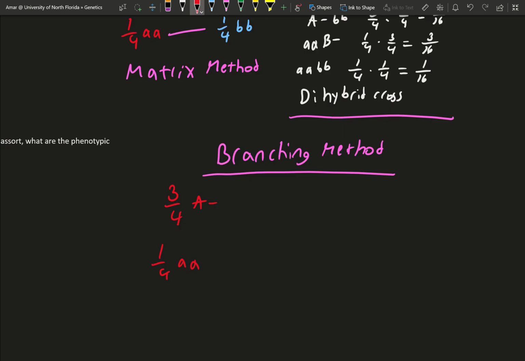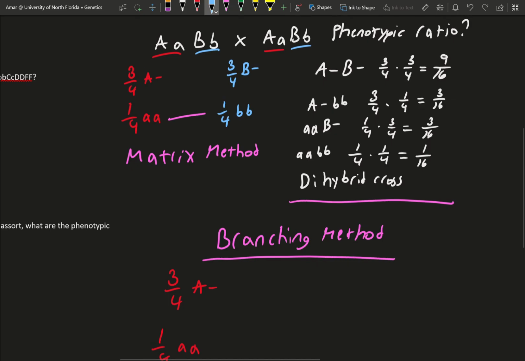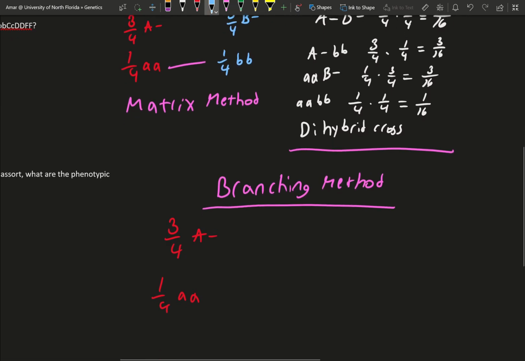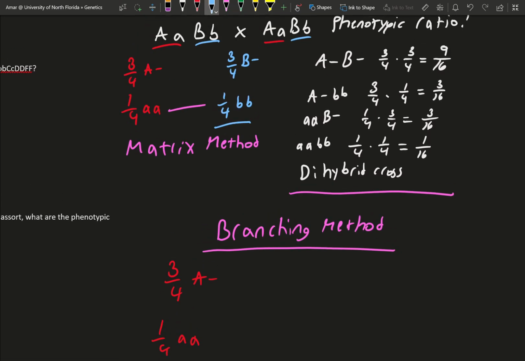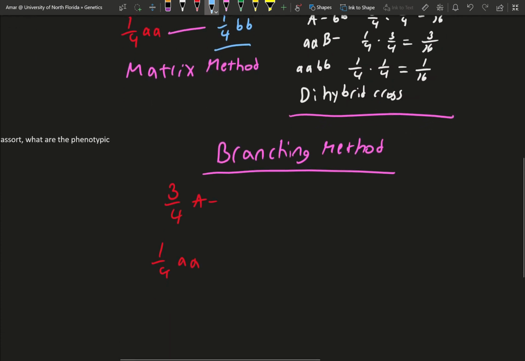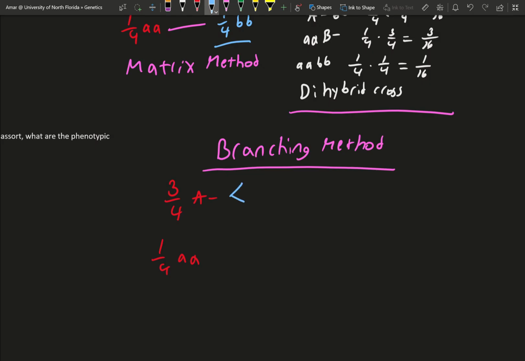And then in this situation, since we have two products in the next cross, we would make two branches from each of these nodes, something that will look like this. And same thing for the other node as well. You would make two branches because we have two products.